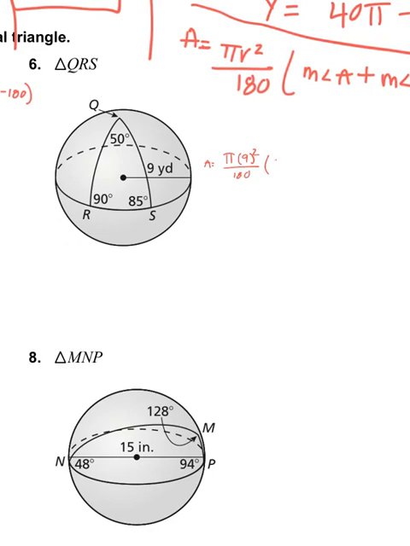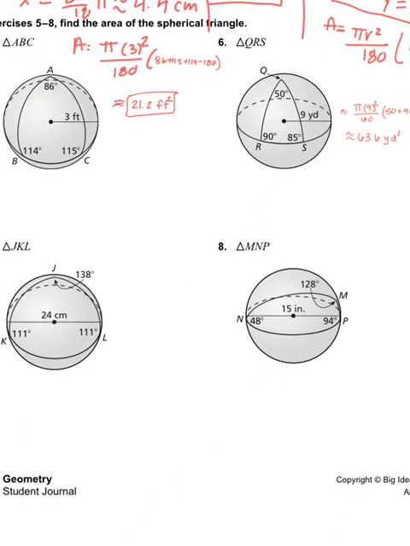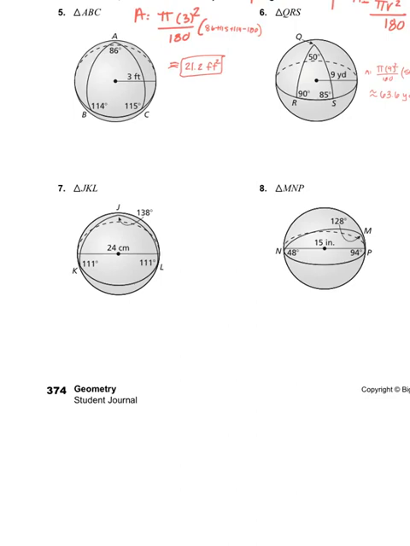So I've got 50 plus 90 plus 85, and then I'm going to subtract 180 from all of that, and I'm going to put that in the calculator exactly as is. I get that my area of the spherical triangle is approximately 63.6 yards squared. Okay, go ahead and pause this video and try the next 2.